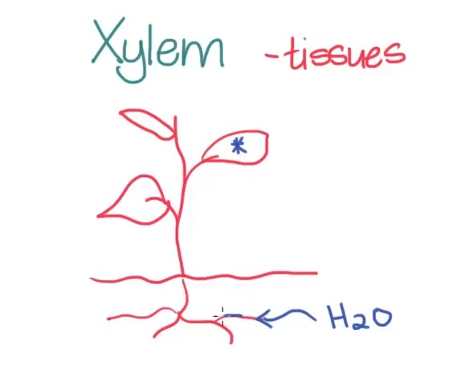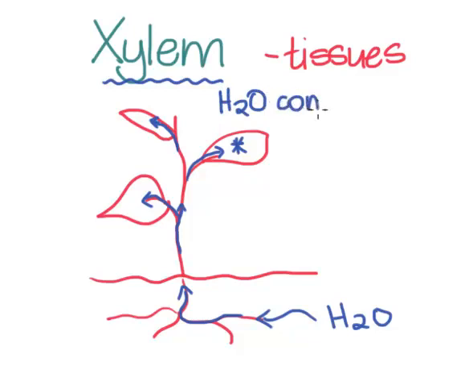This means that some system of transporting water up the plant and into the leaves is necessary. Water needs to be transported along tube-like cells. The water is transported in tissue known as xylem. So xylem is what we call a water conducting tissue.